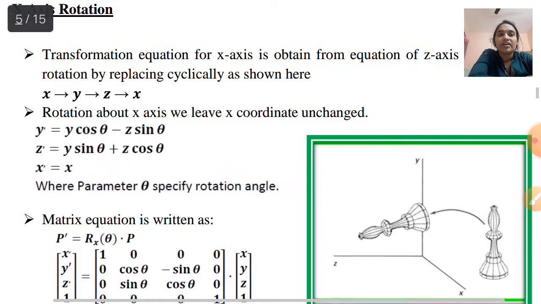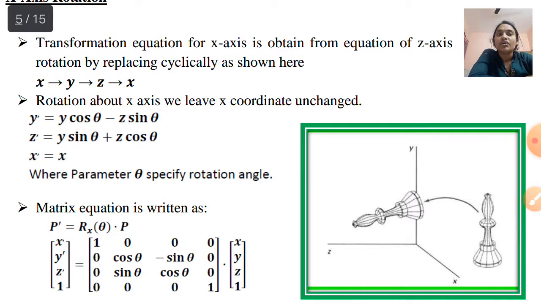In this way it can rotate cyclically. Okay. So rotation about x axis will leave the x coordinate unchanged. That means the x coordinate will remain the same. So here we find out x dash, y dash and z dash.